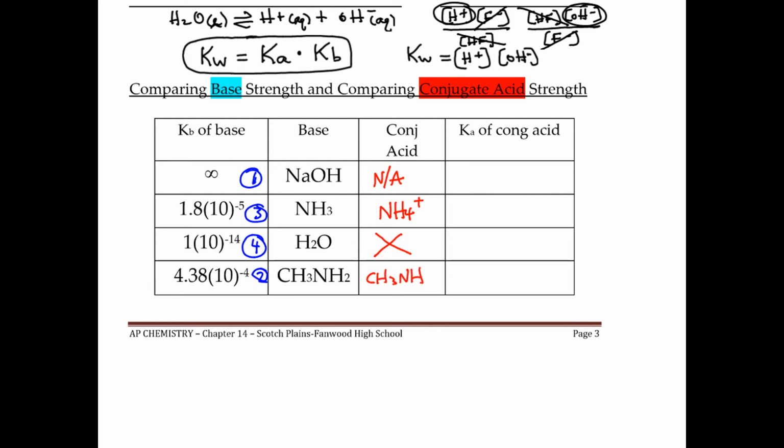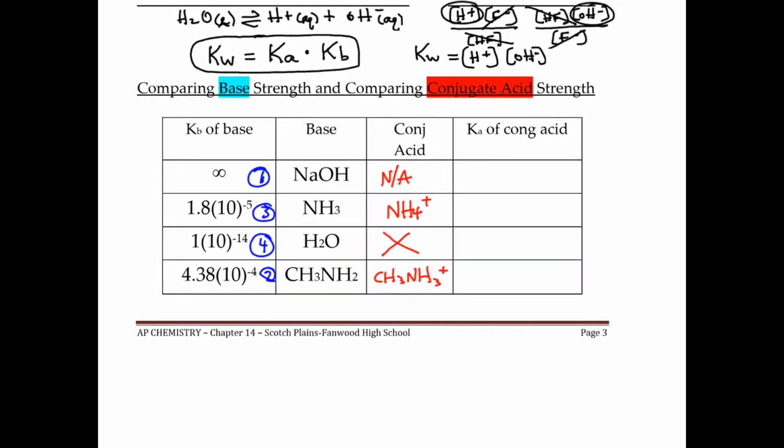And then this one is going to be CH3NH3 positive 1. So now this is going to be non-applicable over here because there is no conjugate acid, so that's never going to be asked of you.